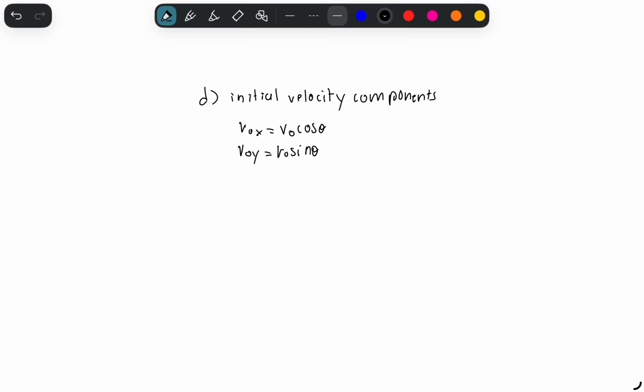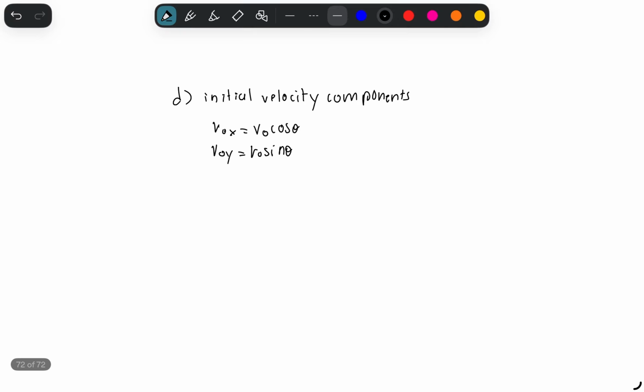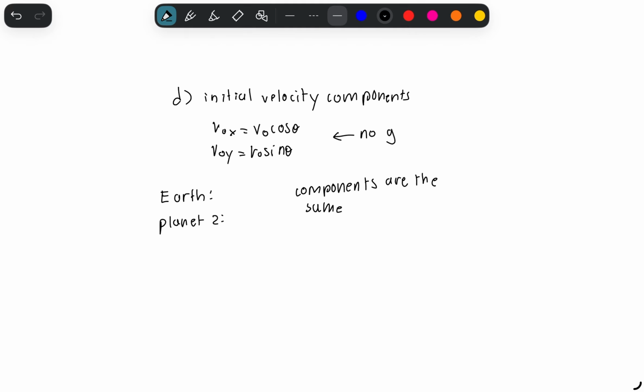Now, what if these components depend on gravity? Is it going to be different when you are on Earth versus planet 2? No, there's going to be no difference because there is no g in either of these equations. So that means that our components are going to be the same on both planets.